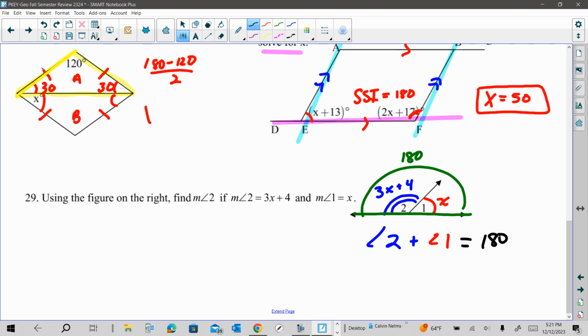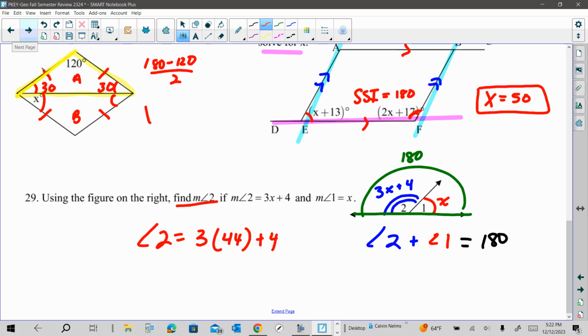So that's your setup. You should get, I believe, x equals 44 here. All right. So hopefully you're setting up the equation and solving for x. I think that's all they want you to do here, is find the measure. No, we have to plug it back in. So we have to find the measure of angle 2 here. So we're going to have to plug it back into angle 2 and do 3 times 44 plus 4.